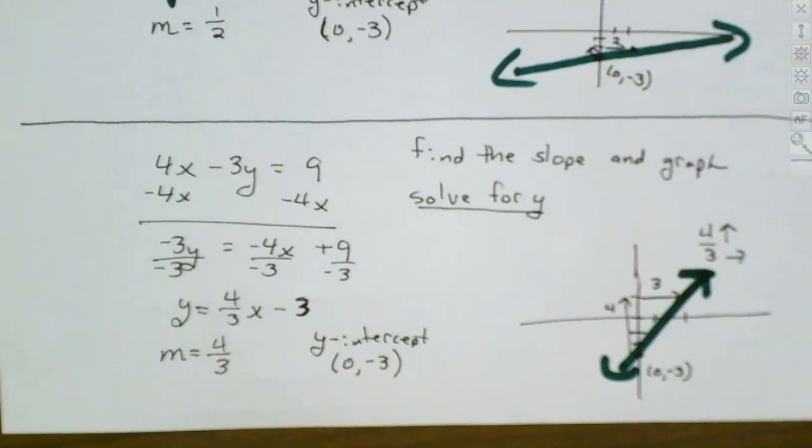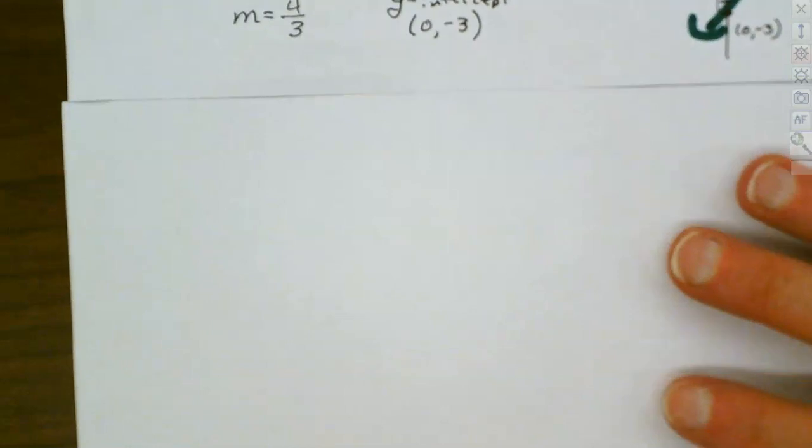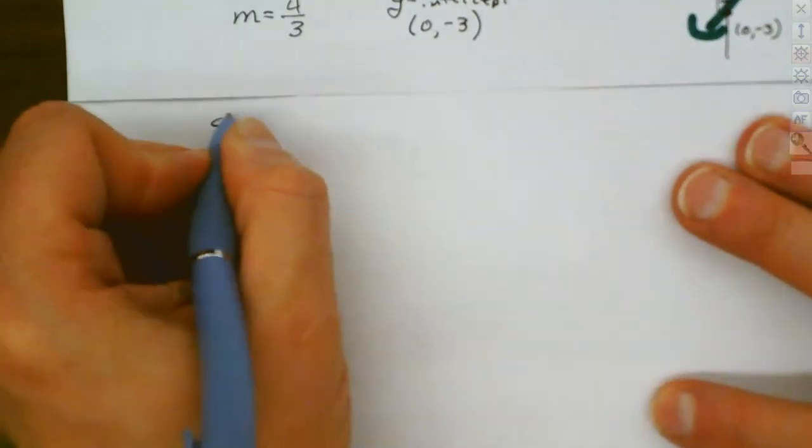Last part before we talk about parallel and perpendicular lines is we'll talk about how to find the slope when you're given 2 points. So if you're given 2 points, you can find the slope, and it's easy. And this is going to be our slope formula.